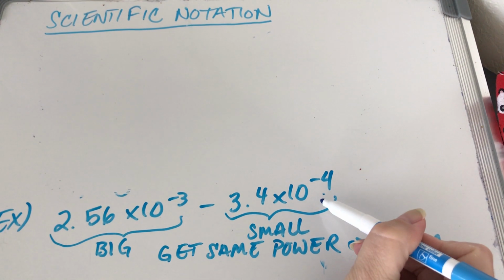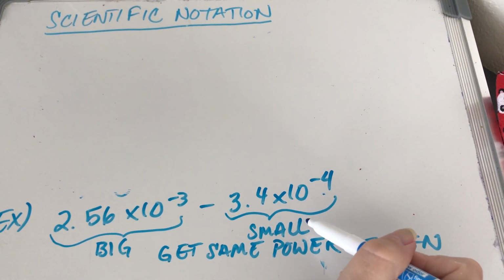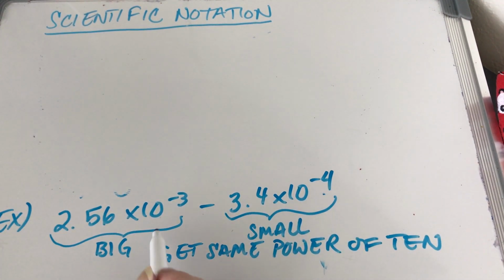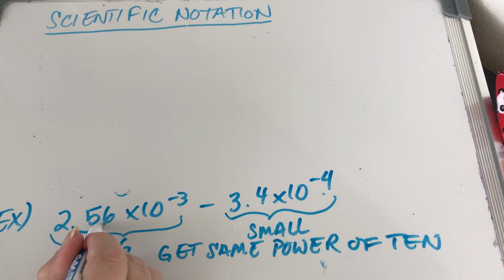Doesn't matter which way we do it, but as long as they're in the same power of 10, then we can do simple addition subtraction maneuvers, okay? So if I want this guy to be in 10 to the negative 4, which way do I want to move this decimal? To the right. Everybody all right with me on that?